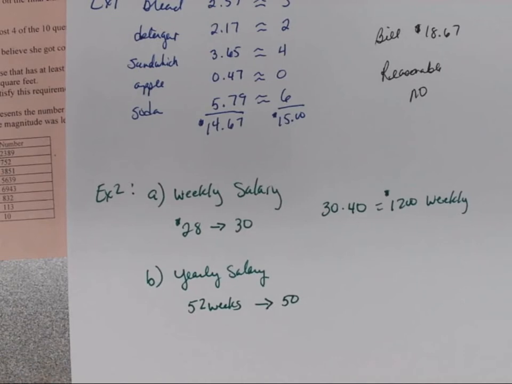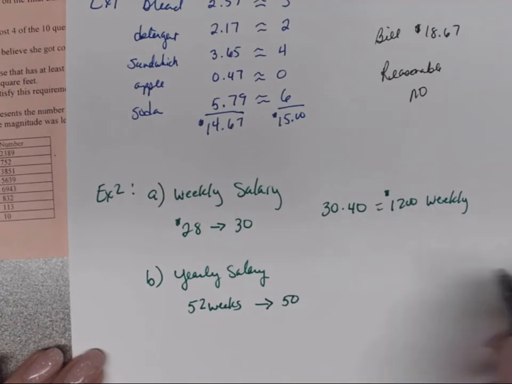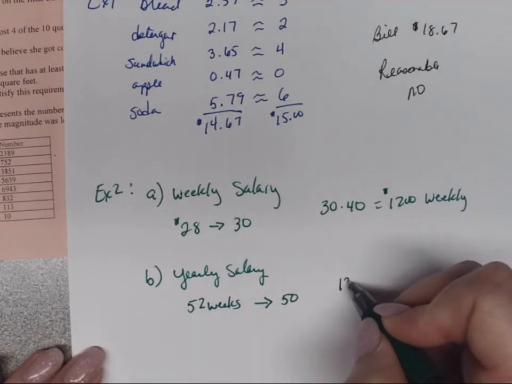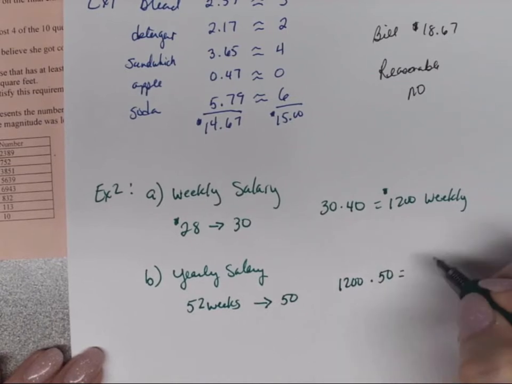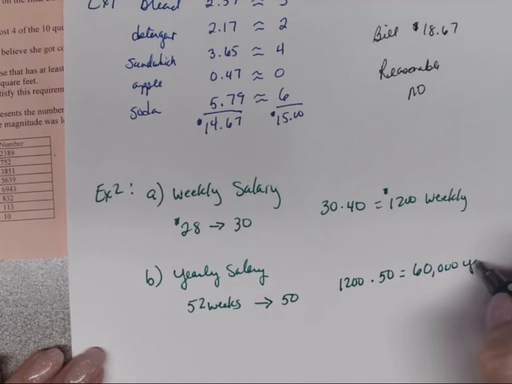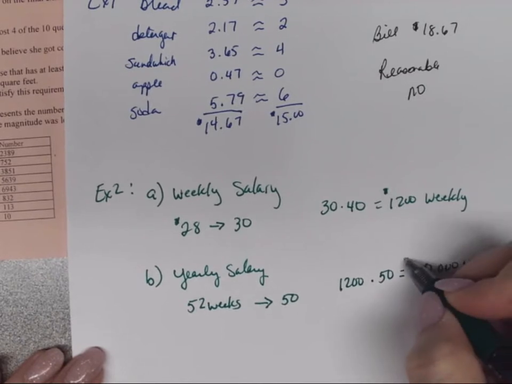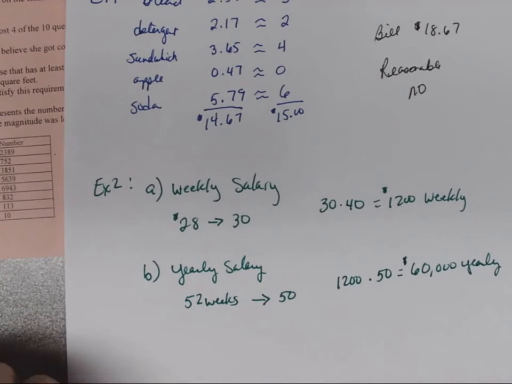We'll round it down to 50. Now we knew that this was $1,200 weekly on our rounding. So we can take the $1,200 a week and multiply it times 50 weeks, and we'll get $60,000 for his yearly salary. Now, that's an estimation that he's making about $60,000 a year.